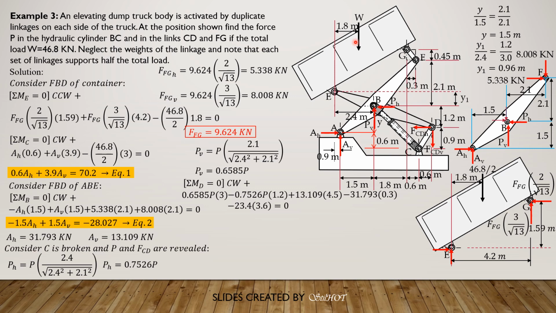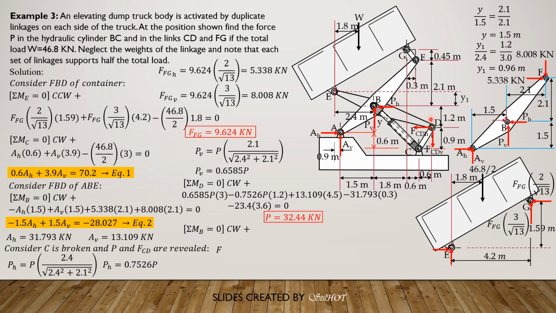Weight over 2 is 23.4. The distance is 0.6 plus 1.8, 2.4, plus 0.6 is 3, plus 0.6, 3.6. So 23.4 times 3.6 equals 0. So we only have P as the unknown. We can now solve for P. P is 32.44 kilonewtons.